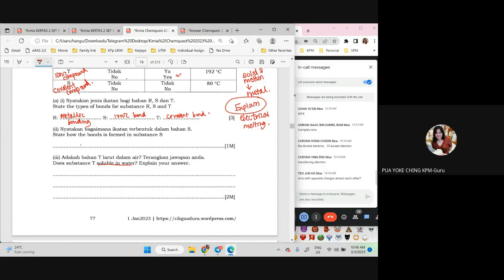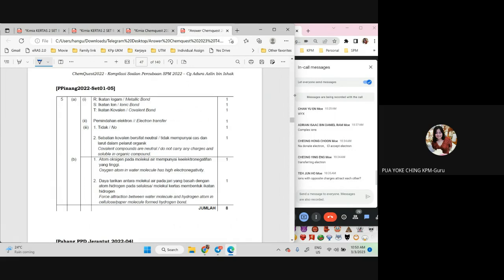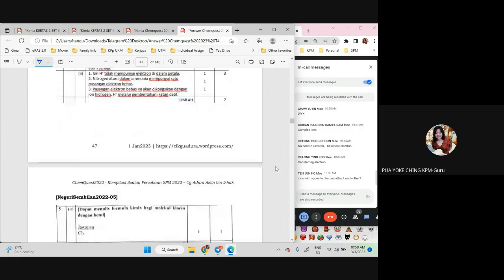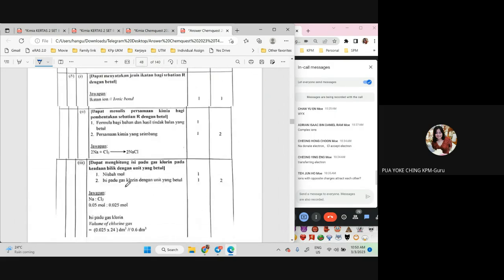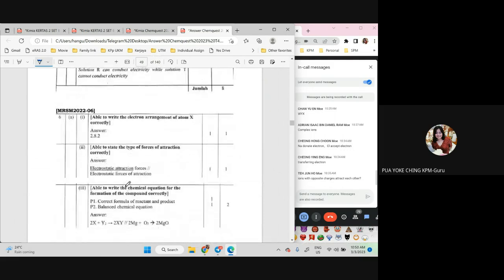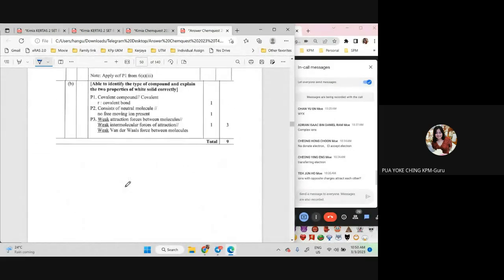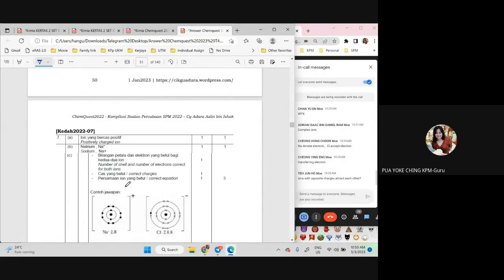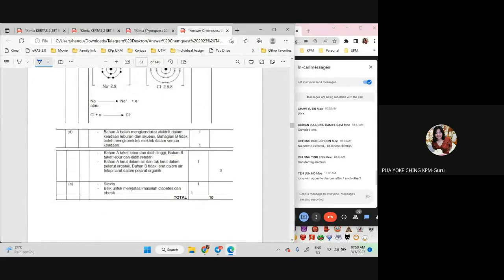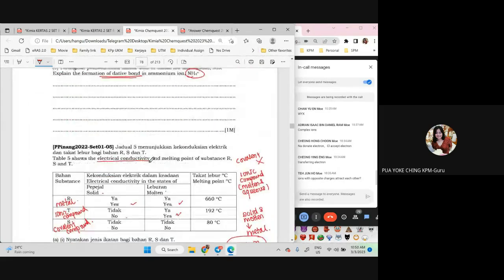Sebab in all syllabus, belajar tak belajar. You are KSSM, you are different. So you need to memorize. You kena baca sikit. What is this?